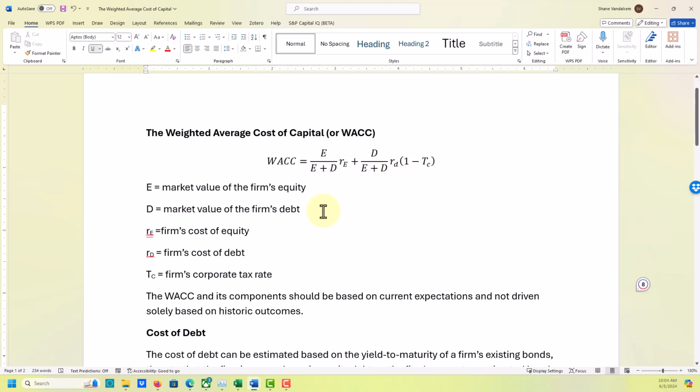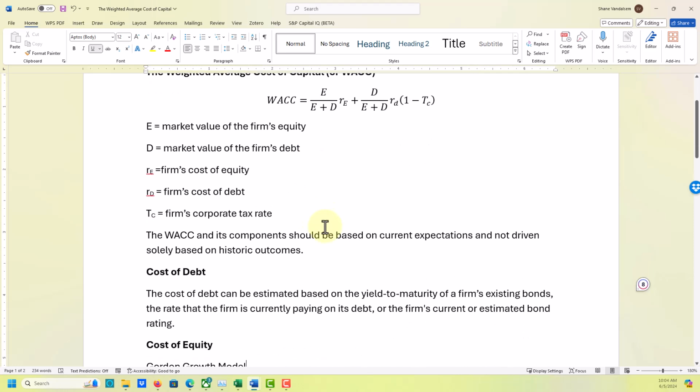I note here that the weighted average cost of capital and its components should be based on current expectations and not driven solely by historic outcomes. This is going to come into play when we talk about the cost of equity and the equity risk premium, because that's changed a lot over the past few decades.